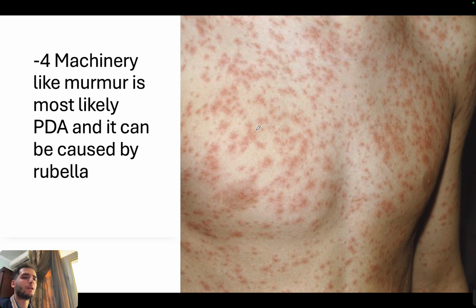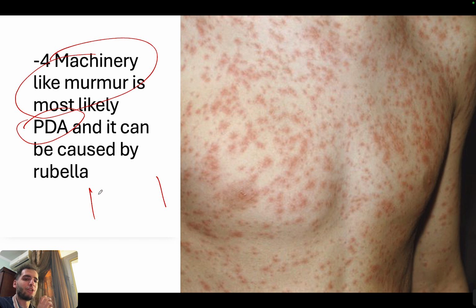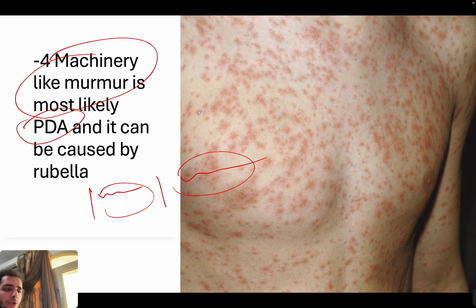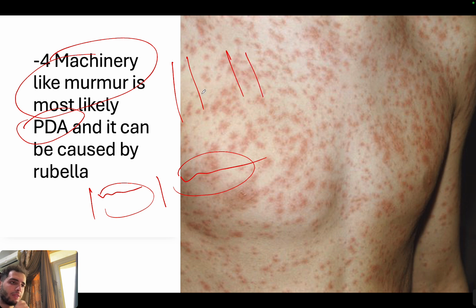Now the third, or the fourth, concept is that whenever you hear a machinery-like murmur, you should know it's patent ductus arteriosus. Machinery-like murmur means it has this machinery sound that happens in systole and diastole. And this makes sense, because patent ductus arteriosus is usually an opening between the artery, the aorta, and the pulmonary artery.